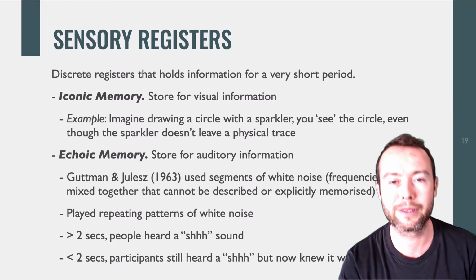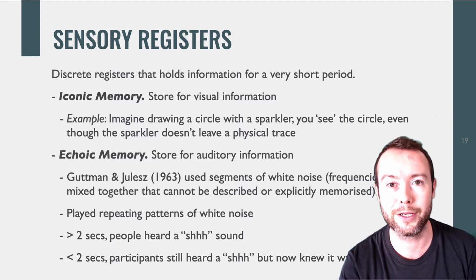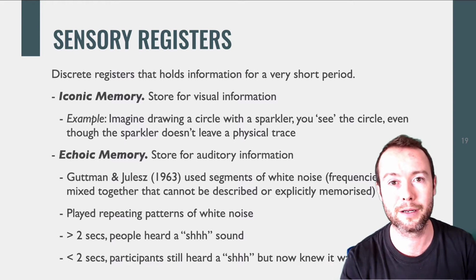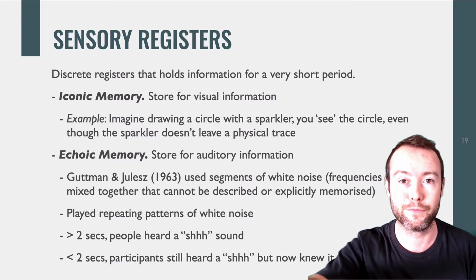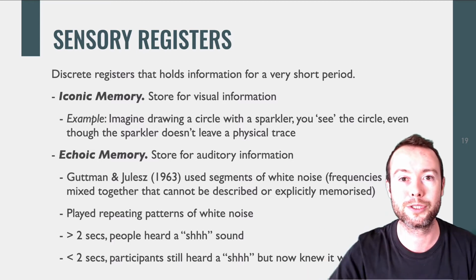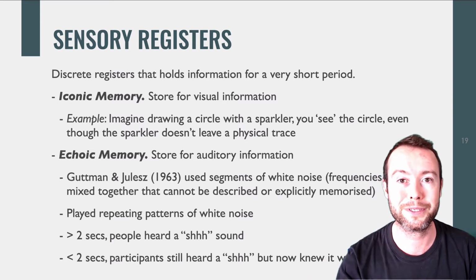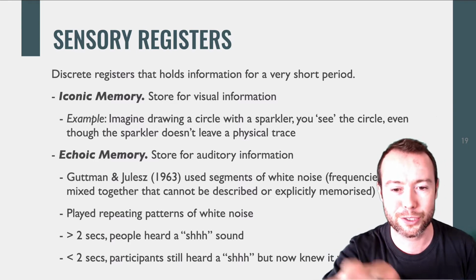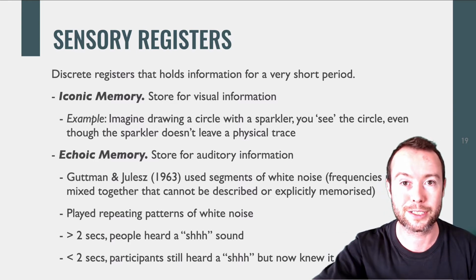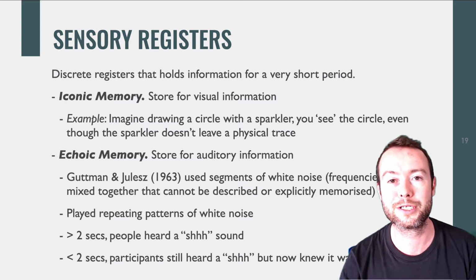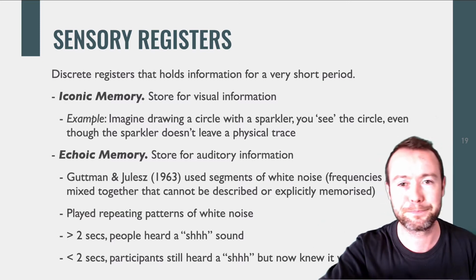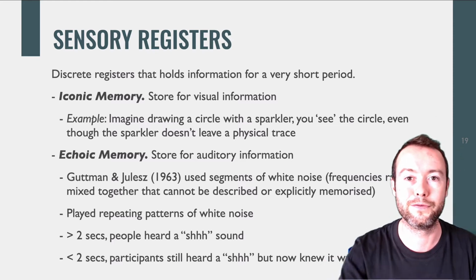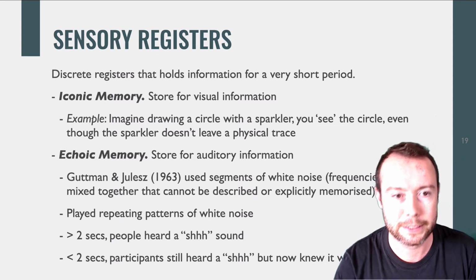One way you can think of this is if you imagine at night time that you've got a very bright light or something like a sparkler that you're moving around. If you move it in a circular motion, you very often perceive that as a continuous circle, whereas there's no physical trace as the sparkler moves around. It's just that within our iconic memory we're seeing the remnants of this trace that moves around.